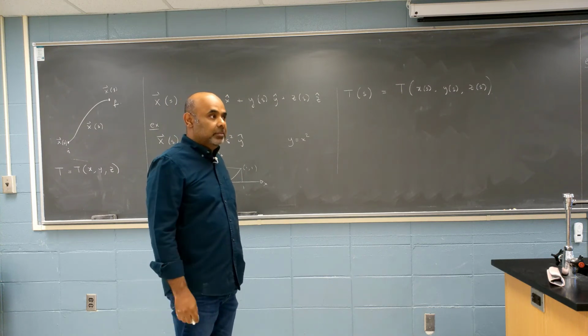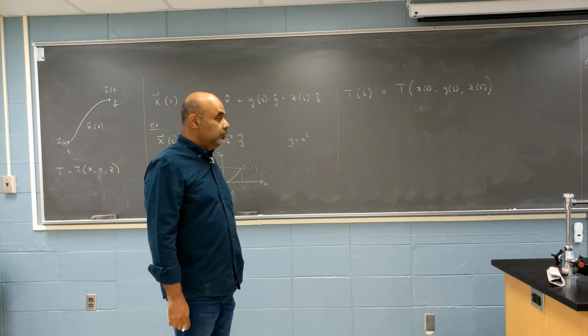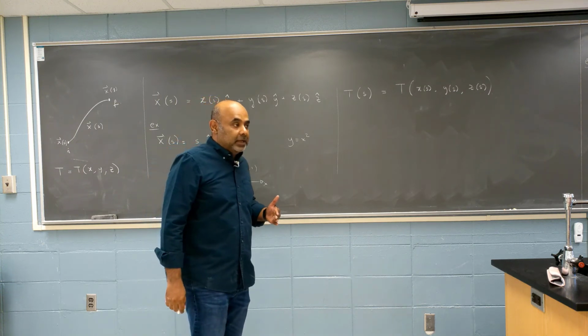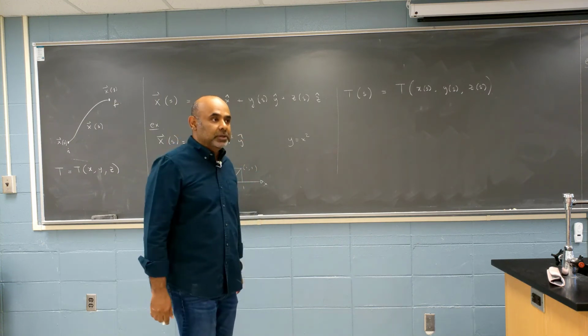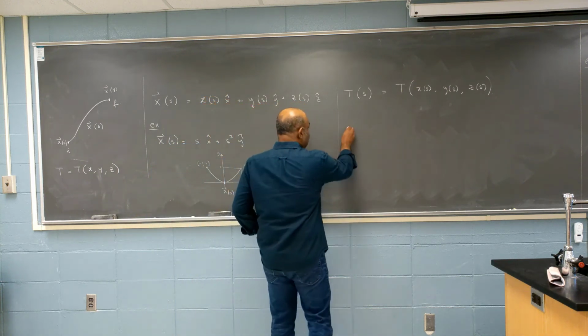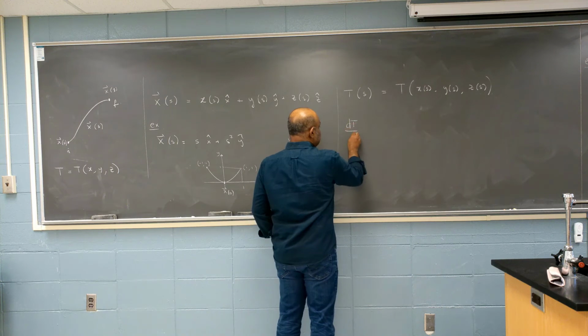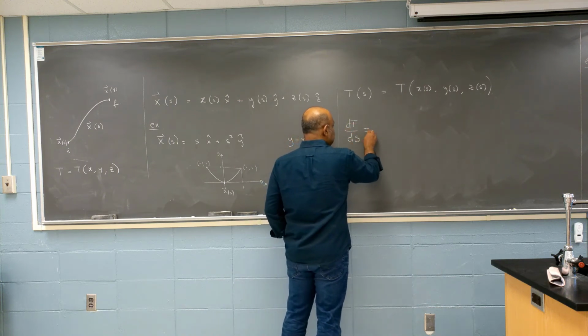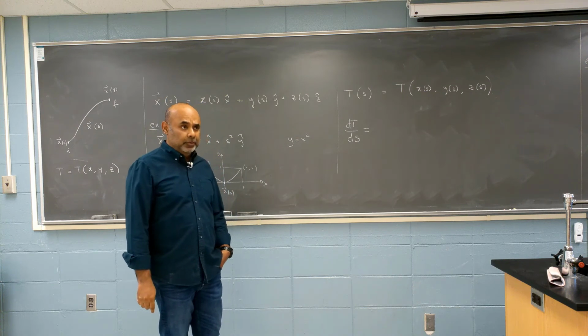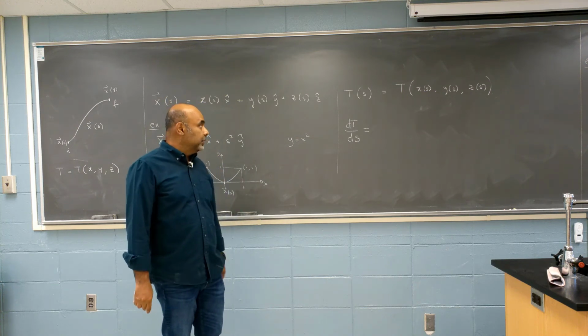Yeah. So if I want to know, as I go along the curve, how does the temperature change, or what is the rate of change of temperature, I could do, for example, dt ds. You may recognize this as chain rule, or almost there.